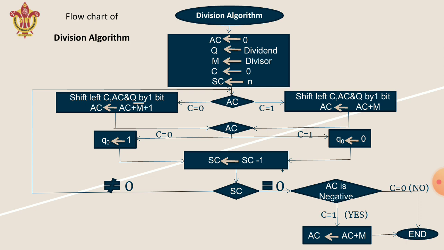If AC is negative, means C equal to 1, then we perform AC plus M operation. If the AC value is not negative, means it is positive, then the algorithm ends. So this is the flowchart of the algorithm.